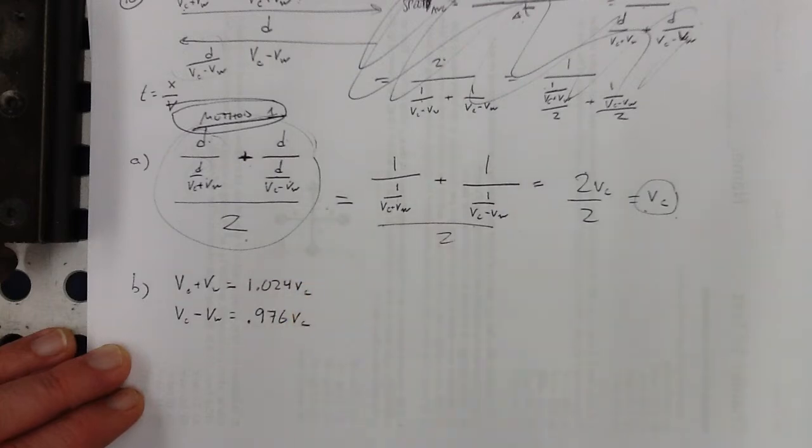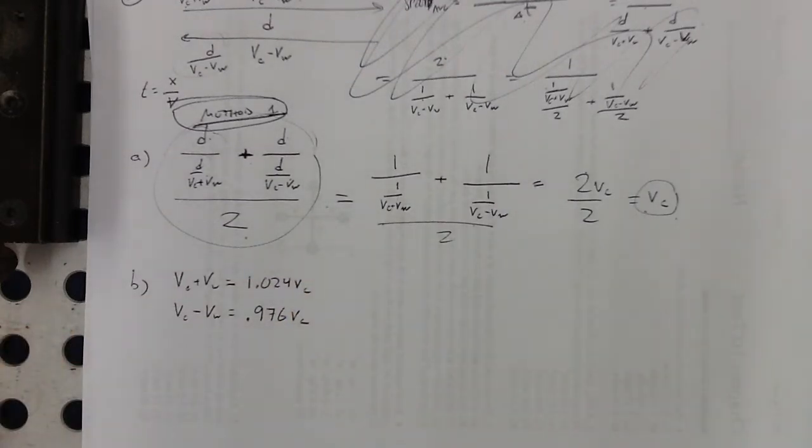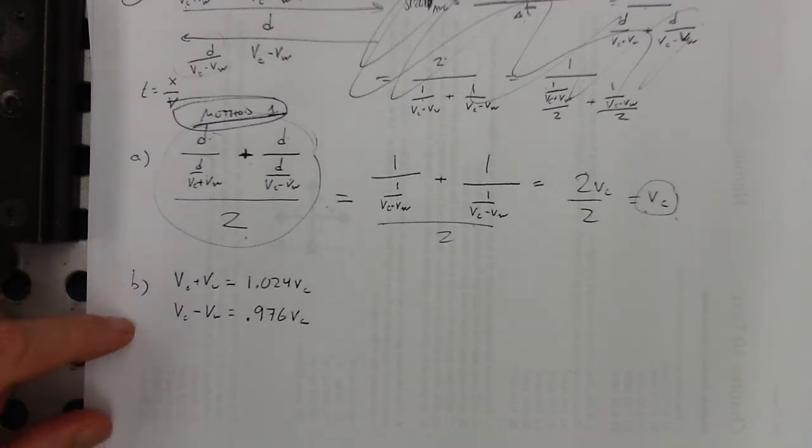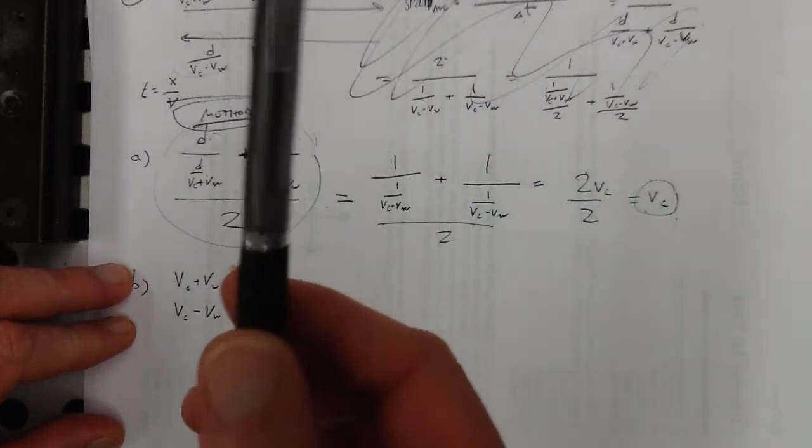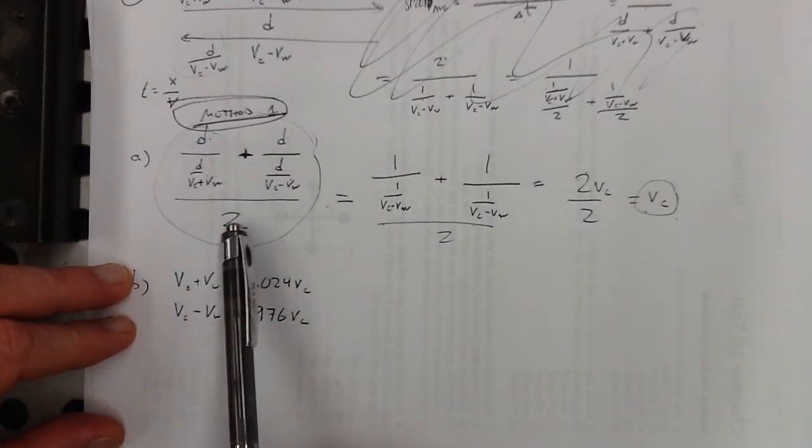So it's that little plus or minus of the wind. Okay? They want to know what is the fractional difference in the two methods when a steady wind blows. So the right way to do it is this.